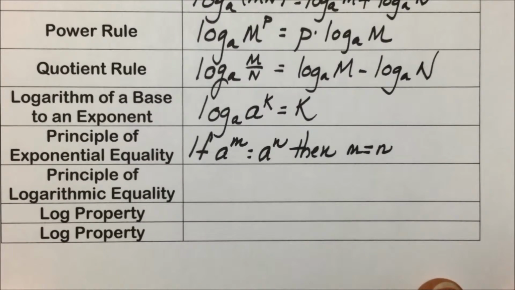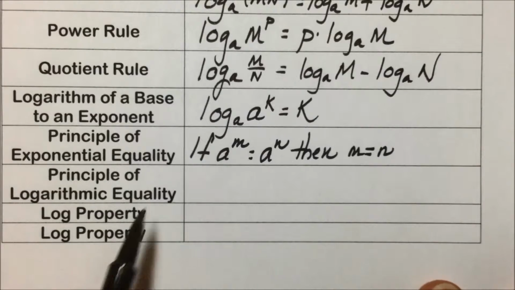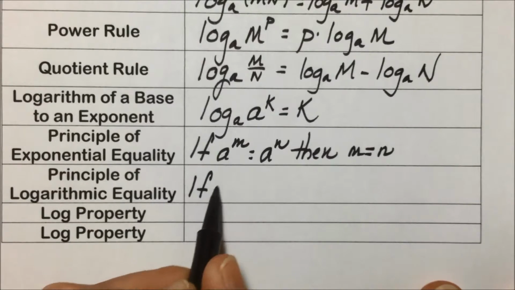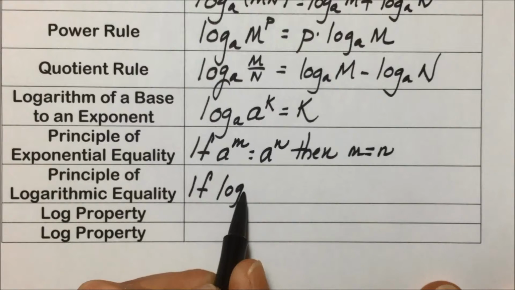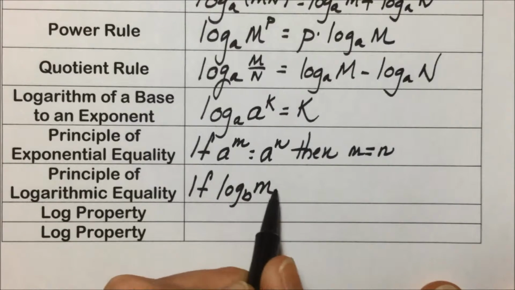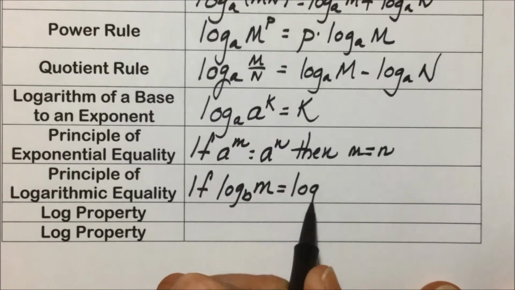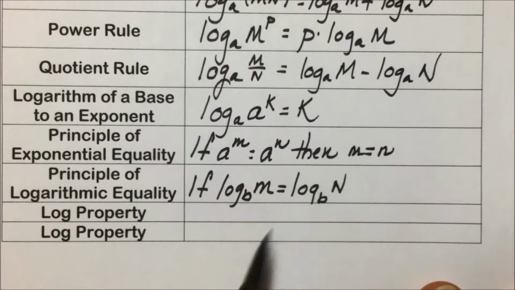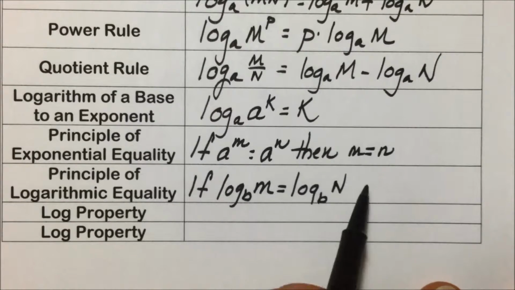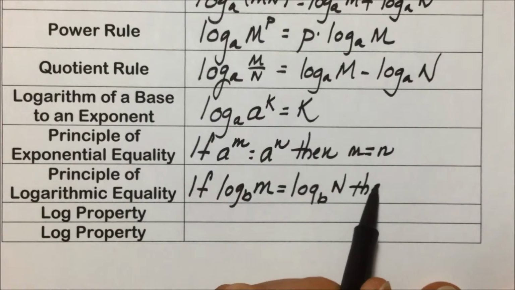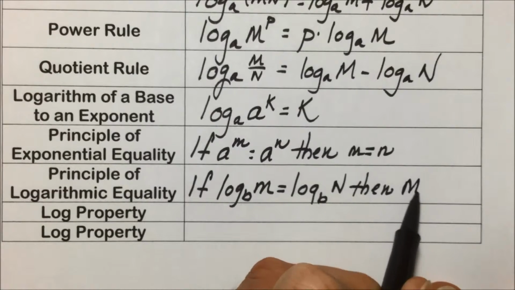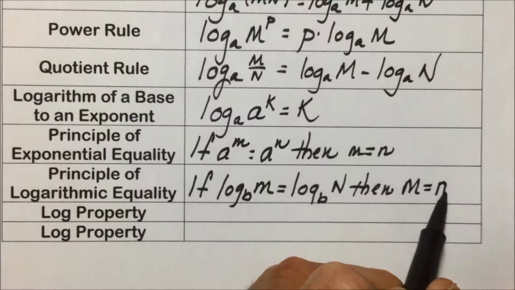The principle of logarithmic equality states that if we have log base b of M equal to log base b of N, same bases, log of the same quantity, then M must equal N.